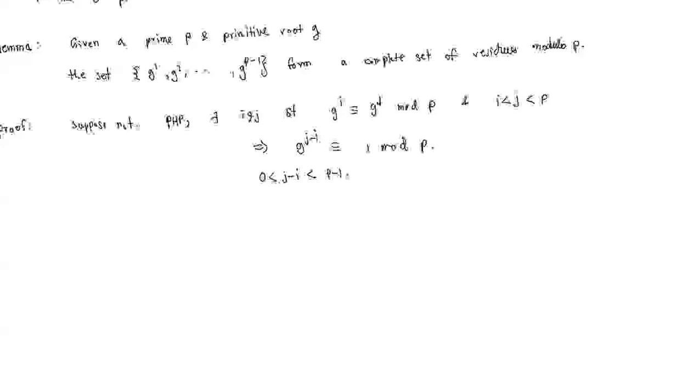This is not possible unless I and J are equal, but we assumed that they are not equal, and G is a primitive root, so contradiction.